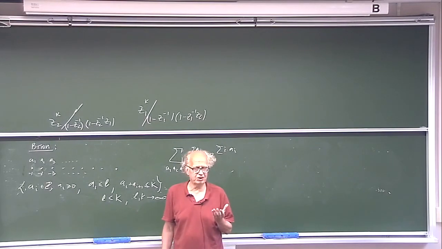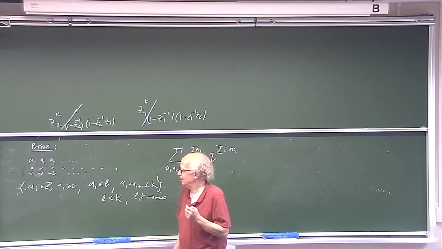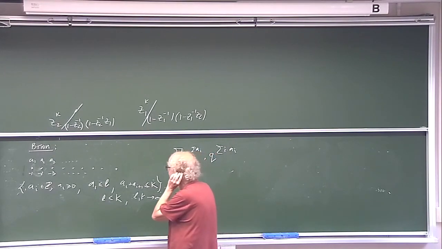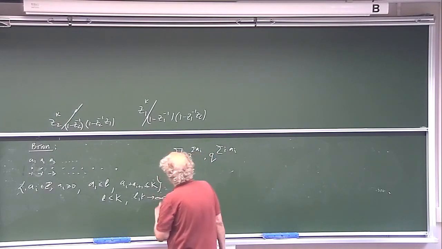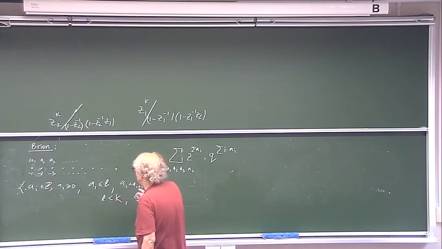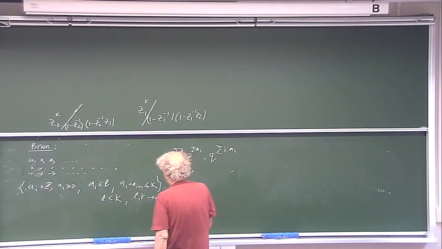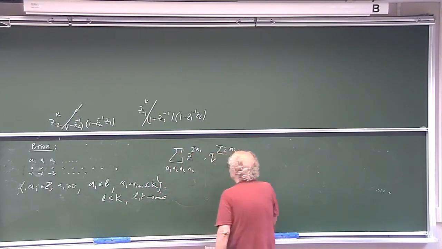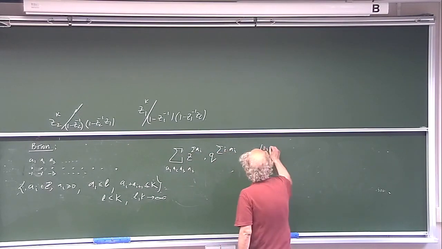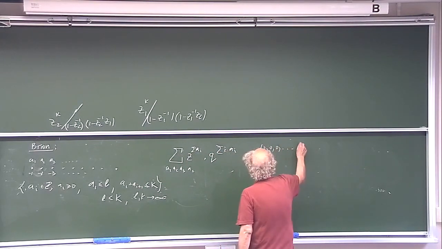The question is who the essential vertices are, and it is not very complicated to guess. One essential vertex is surely 0, 0, 0, 0.